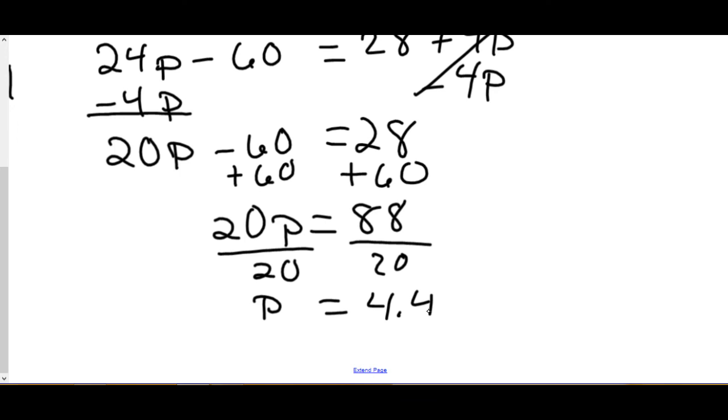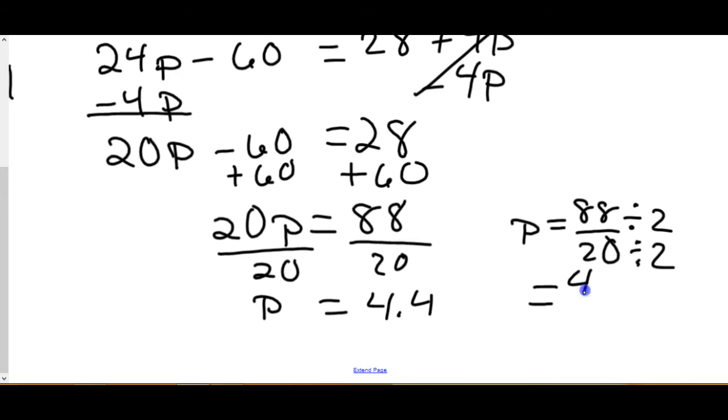It's possible they also may want your answer as a fraction. If we were to leave it as a fraction instead of a decimal, at the point where we get p equals 88 over 20, we'd have to reduce this fraction. We'd have to say, okay, what divides into both 88 and into 20? Well, I know both of those divide by 2, so that would give me 44, because 88 divided by 2 is 44. 20 divided by 2 is 10.